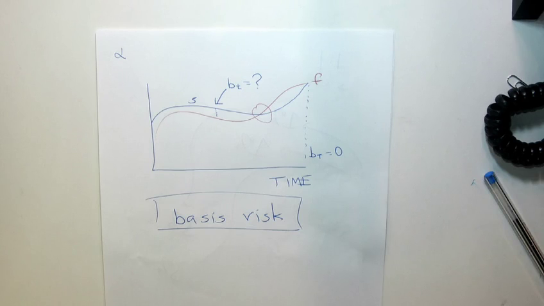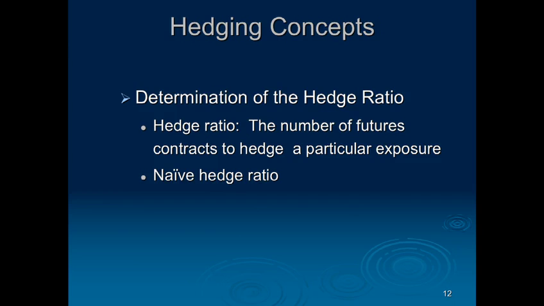But in fact, this advanced method has been shown not to be significantly better than the naive hedge. And I'll show you why that is after I've explained it. So the naive hedge sounds very basic, very simple, but in reality, it is probably working just as well as any other type of hedge.